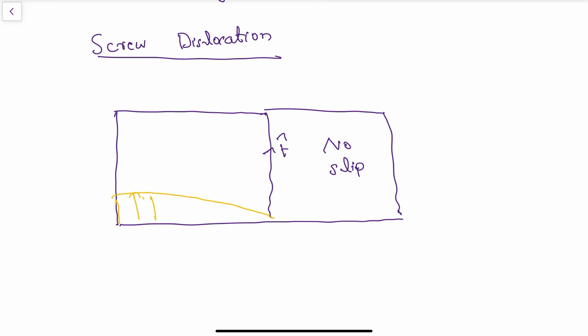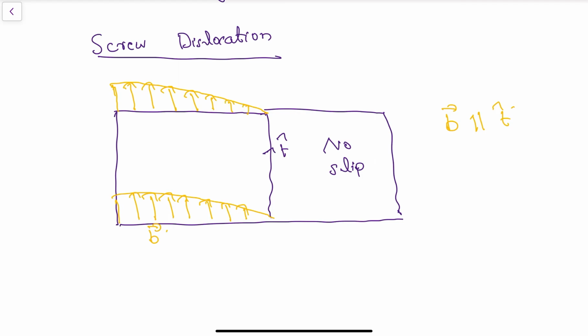So this is the dislocation vector, the Burgers vector. You can see that this Burgers vector is parallel to the tangent vector. That means the slip occurs parallel to the dislocation line.